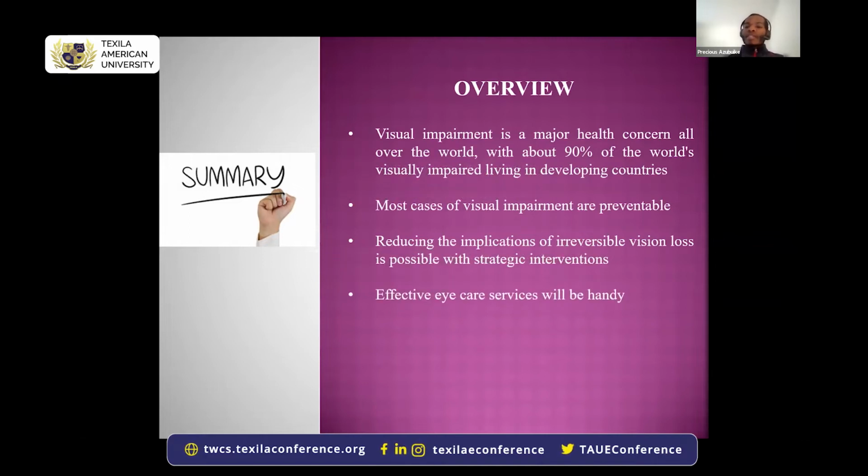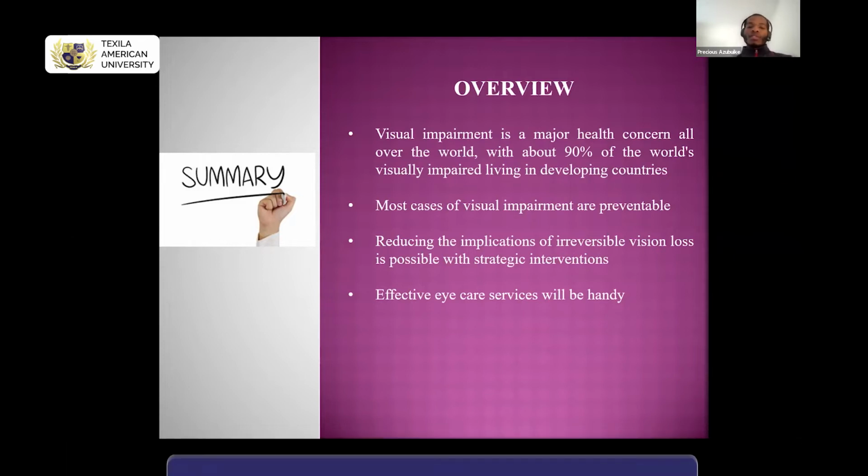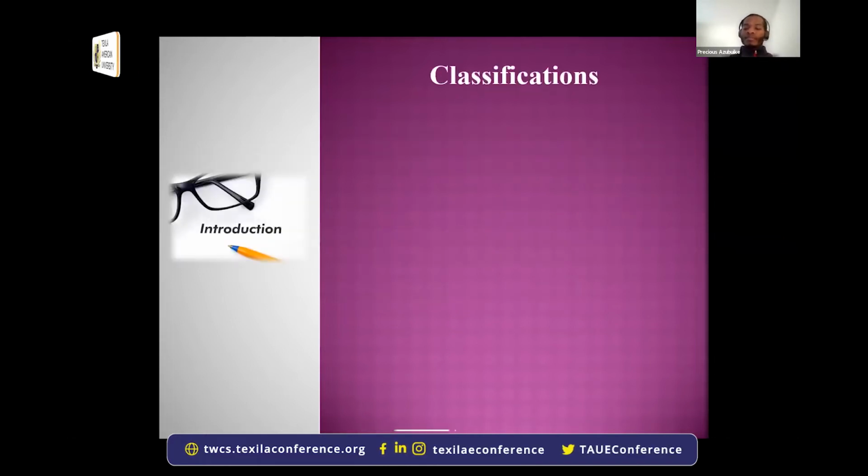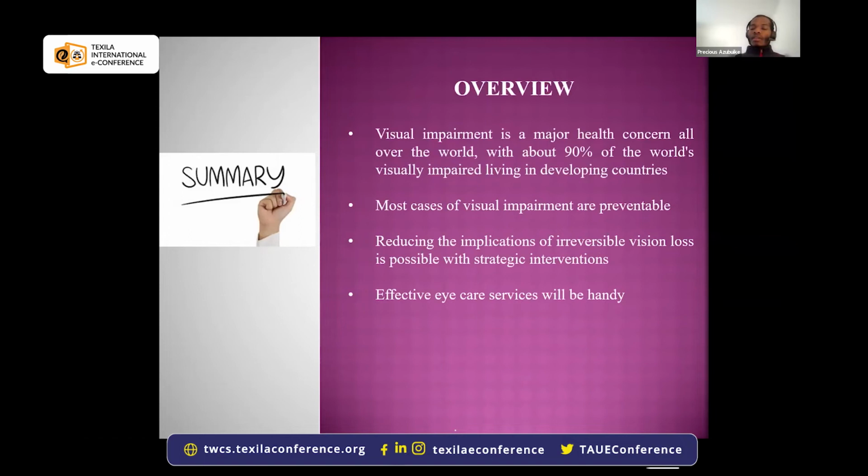Reducing the implications of irreversible vision loss is very possible when necessary strategic interventions are put in place. Owing to this, effectively bringing in eye care services is going to contribute considerably.